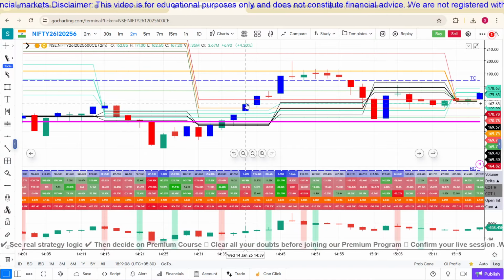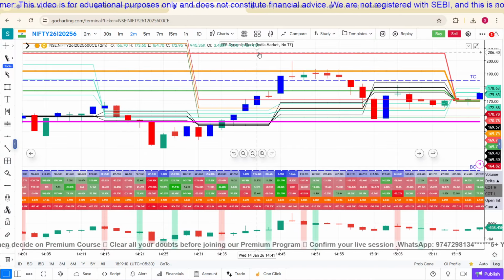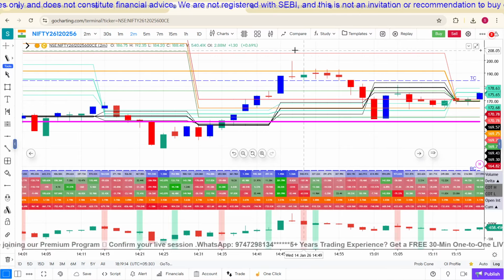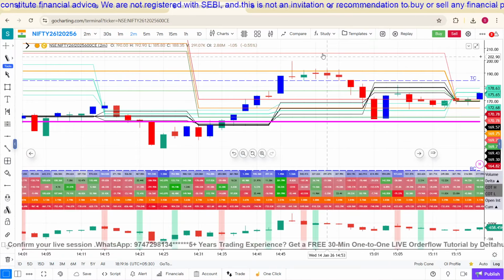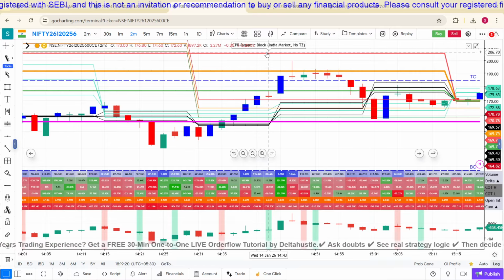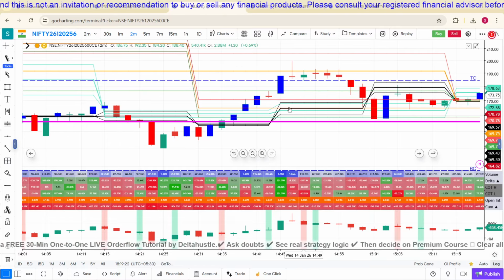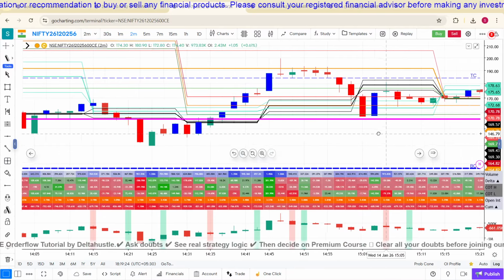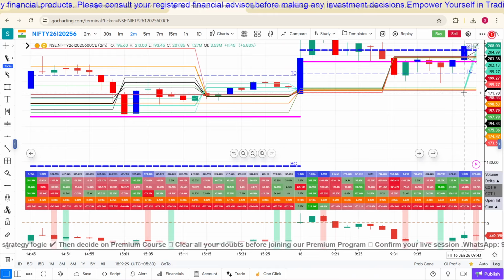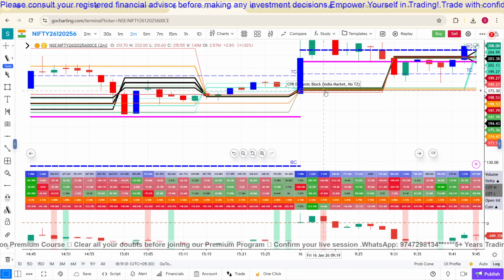And this day, see the very important thing, 90 minutes CPR is above. So our target is confined to this range. When it reaches this level, and it is wide also. And we need all the lower time frame dynamic CPRs in one level. Then only it will go up like this.